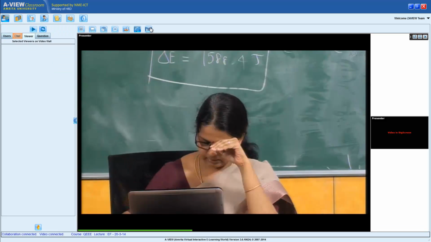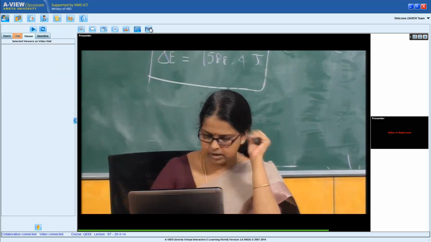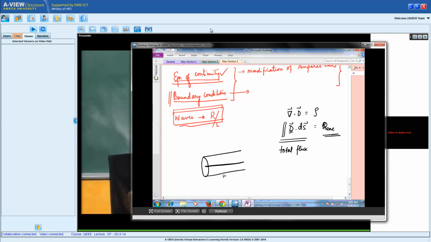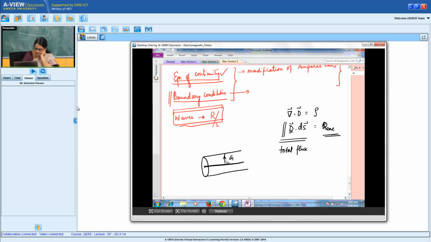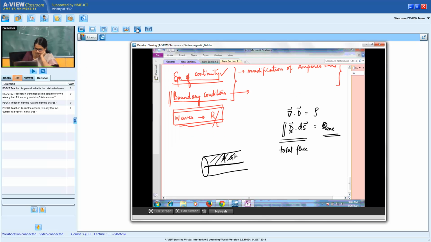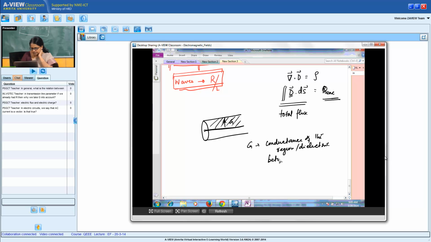If you take a coaxial cable, with inner conductor and outer conductor, G is the conductance of the region or dielectric between the two conductors.